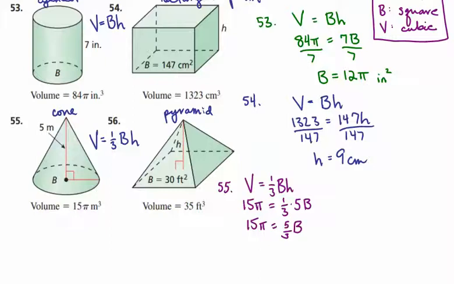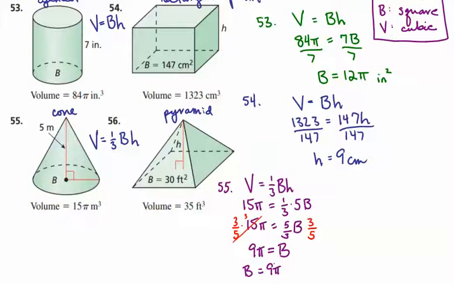Now, remember how we solve when we have a fraction in front of our variable. We're going to multiply both sides by the reciprocal of 5/3, which would be 3/5. That's the easy way to do it. Then if we cross cancel, 5 divided by 15 is 3. 3 times 3 is 9, and we end up with 9 pi is equal to capital B, or B is equal to 9 pi.